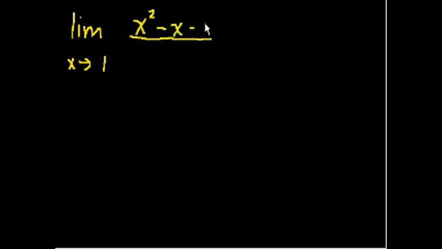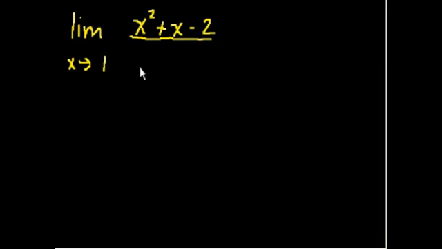Let's say, what is, my pen is not working. Okay, the limit as x approaches 1 of, let's say, x squared plus x minus 2, all of that over x minus 1.